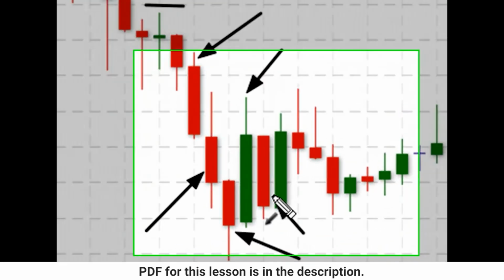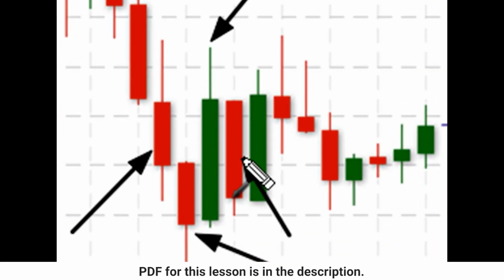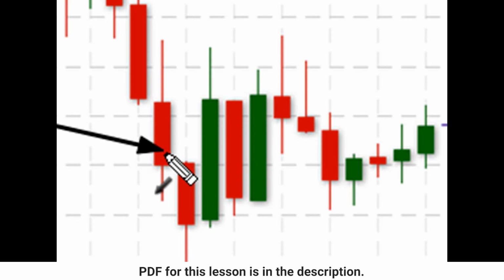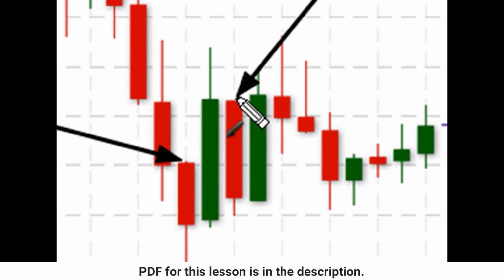Still not a pivot high, but once this red bar completes, we see that this green bar right here is a pivot high. Why? Because we have a lower high to the left and a lower high to the right. Therefore, this high here is a pivot high.